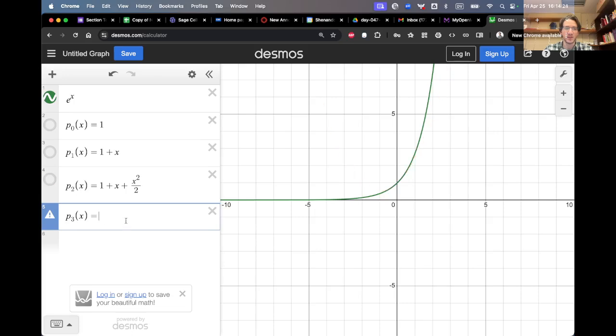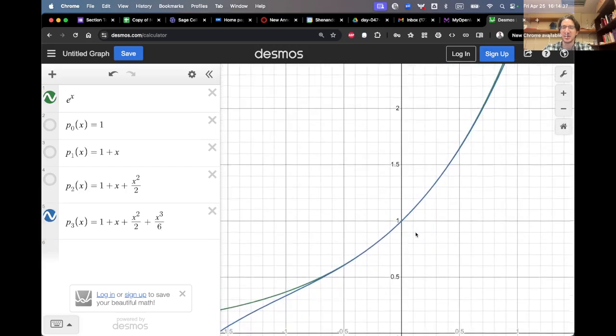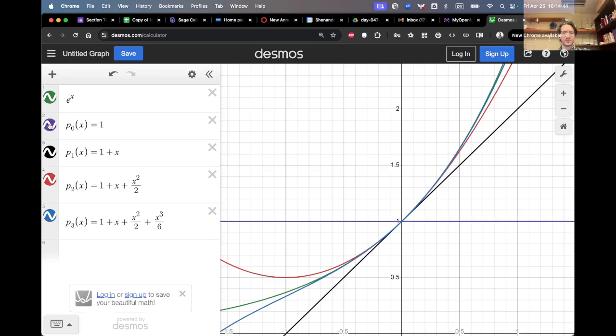This is sort of the best fit cubic function to the curve y equals e to the x. There we go. And again, if I zoom in, you can see that this cubic function is really closely lining up with the function y equals e to the x at x equals 0.